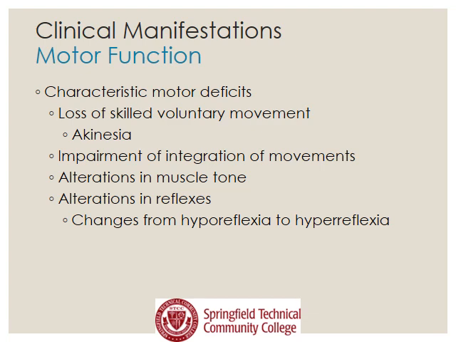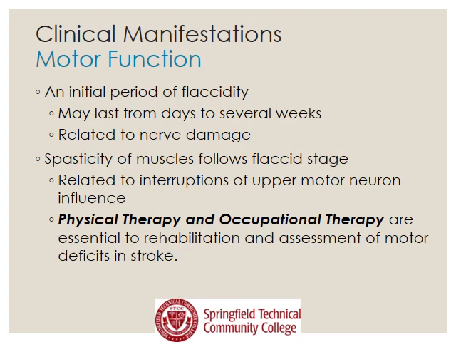As the stroke progresses, they can be paralyzed initially and then they can be spastic. Same thing with the reflexes. You can have no reflexes initially after your stroke occurs, and then you can be hyperreflexive.